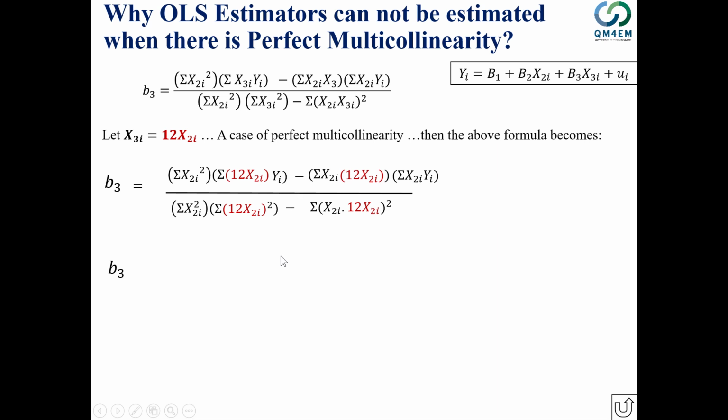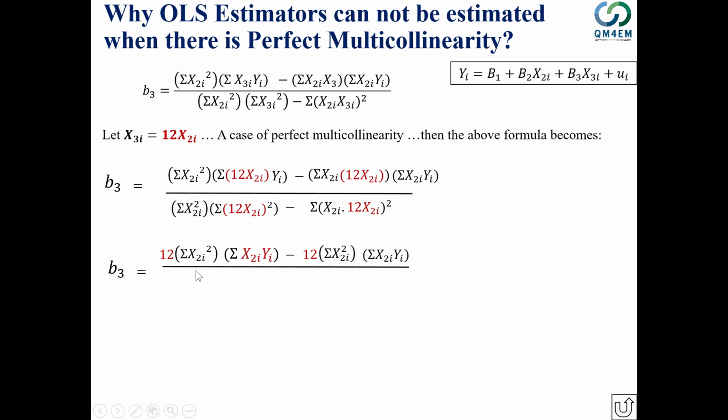Next we simplify this, so summation x2i comes as it is. The 12 with the summation would come to the start because it's a constant, so this becomes 12 summation x2i yi, and then 12 summation x2i square as it is, summation x2i yi. So I just bring that 12 to the start, minus, similarly I will bring that 12 here. So this is summation x2i multiplied with x2i, so that makes it summation x2i square, and then summation x2i yi, divided by summation x2i square.